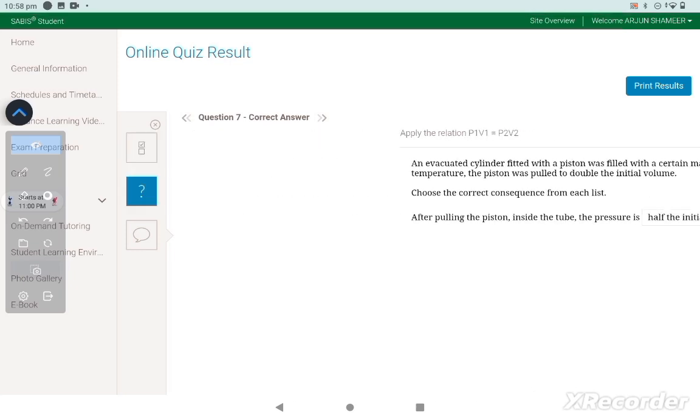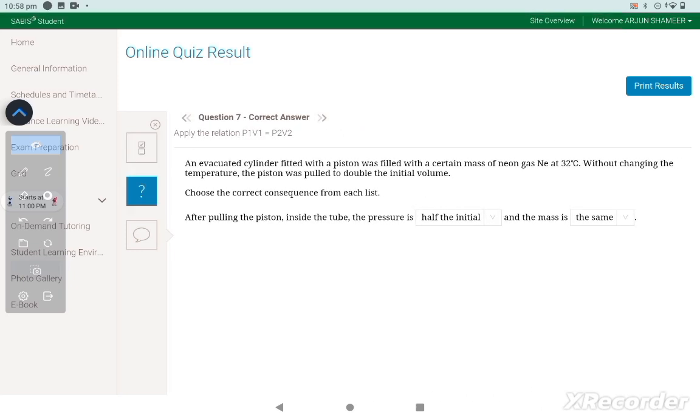Next one. An evacuated cylinder fitted with a piston was filled with a certain mass of neon gas Ne at 32 Celsius. Without changing the temperature, the piston was pulled to double the initial volume. So the pressure is half the initial and the mass is the same.